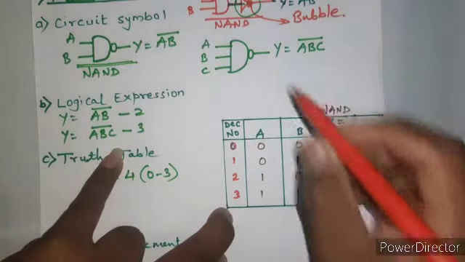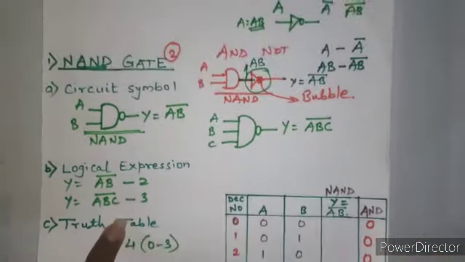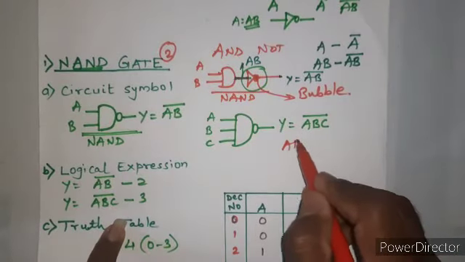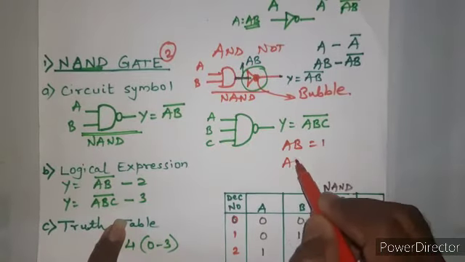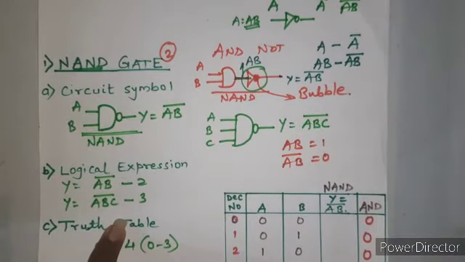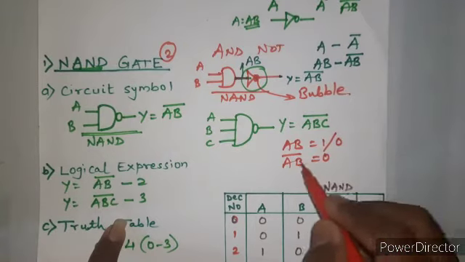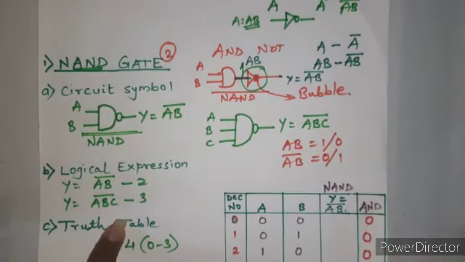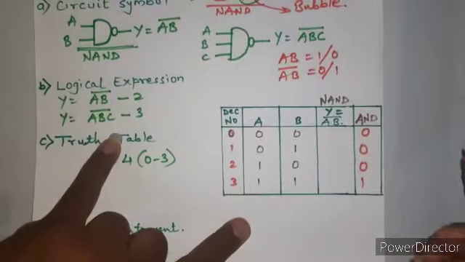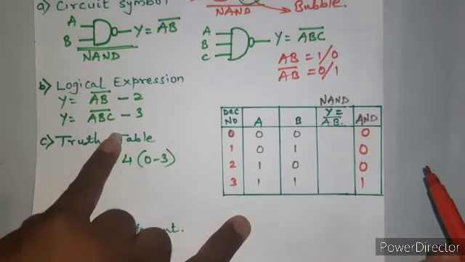Okay, we have just now seen in this diagram. So if we have A B equal to 1, then A B whole bar is 0. Or if we have A B equal to 0, then A B whole bar is 1. Right? So NAND gate performs exactly opposite to the AND gate.